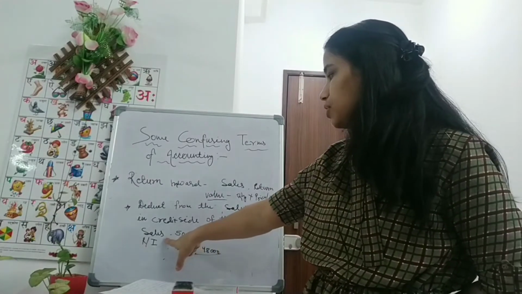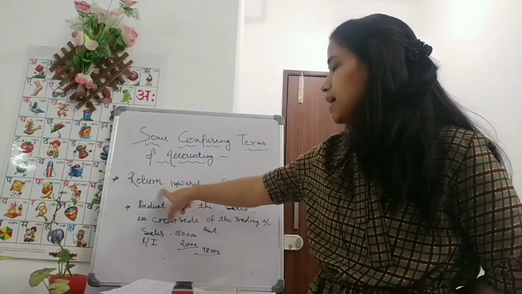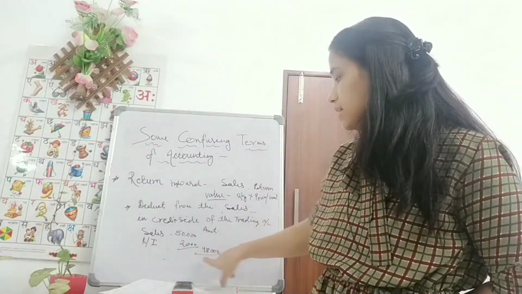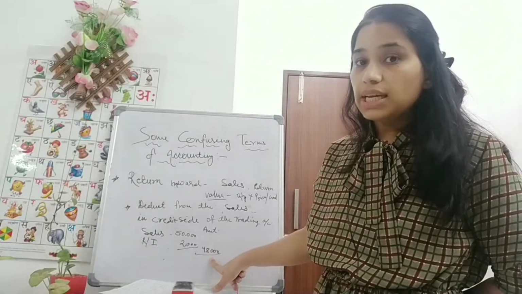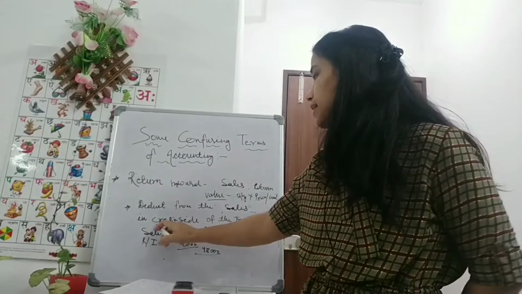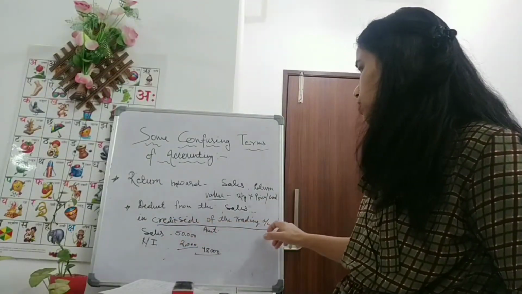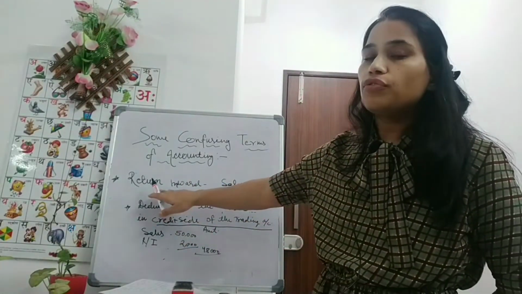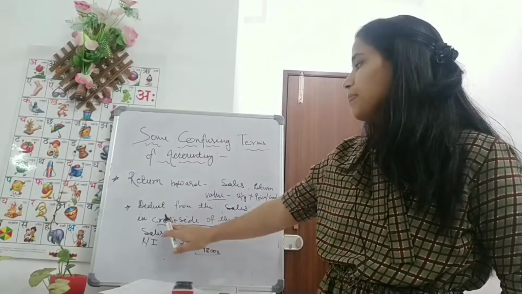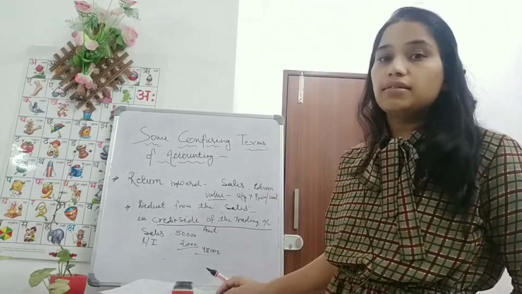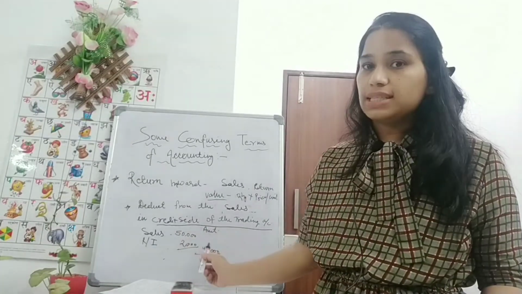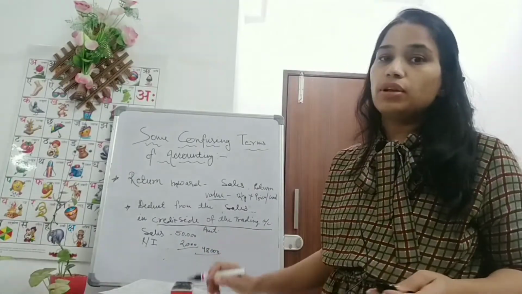Say if the total sales is 50,000 rupees and return inward value is 2,000 rupees, then the net sales will be recorded as 48,000 rupees on the credit side of the trading account. So the accounting of return inward, that is sales return, is done on the credit side of the trading account by deducting that particular amount from the total sales, and the net sales will be recorded on the credit side of the trading account.